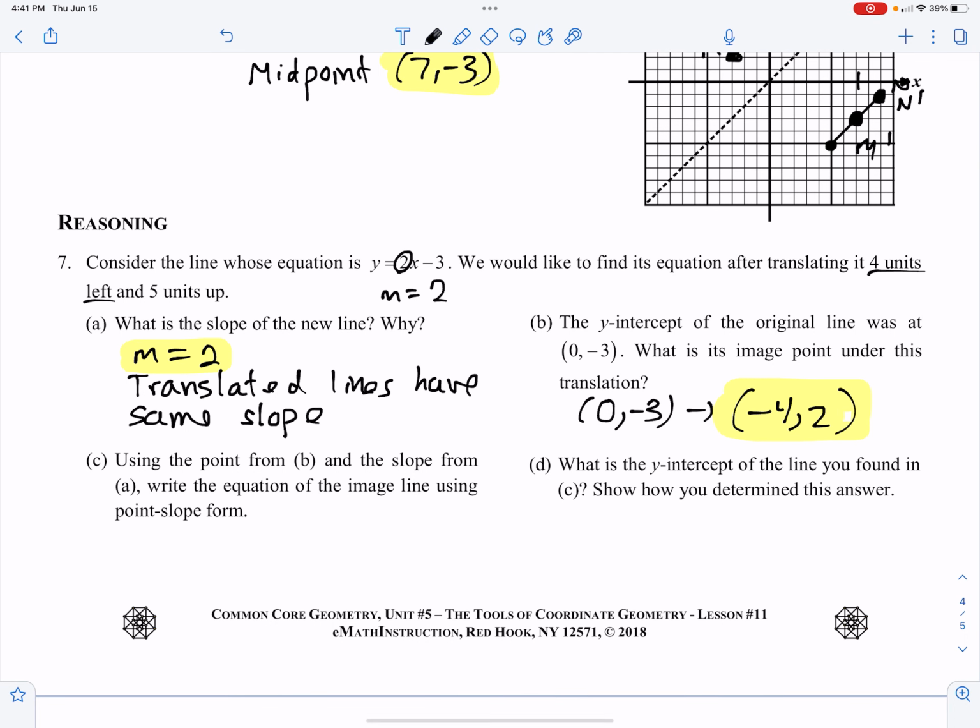All right, so using our point from part B right here and the slope from part A right here, write the equation of the line using point-slope form. Now, if you don't remember point-slope form, let me write it.